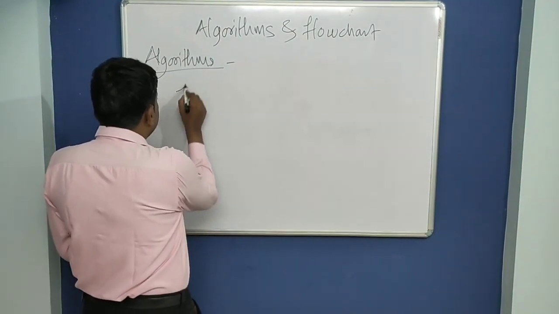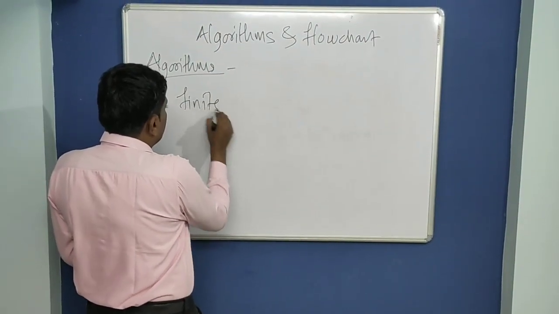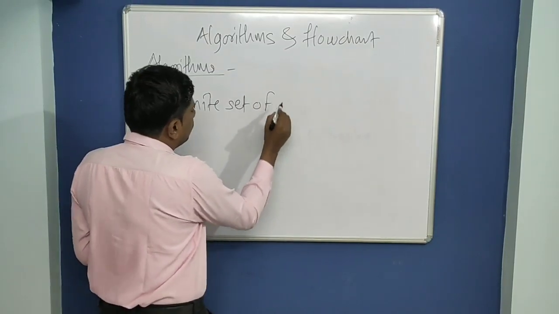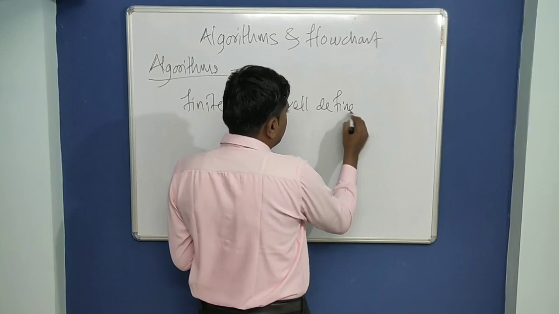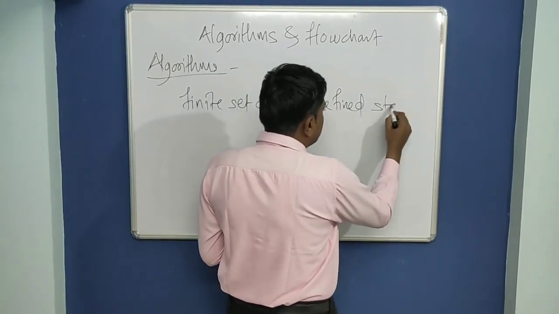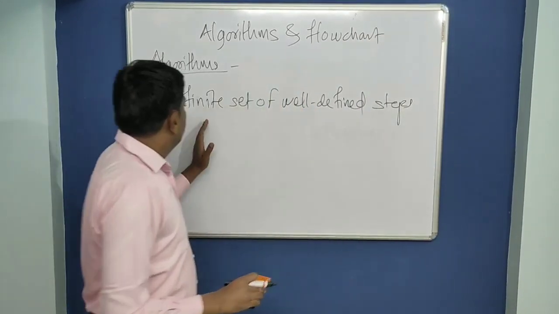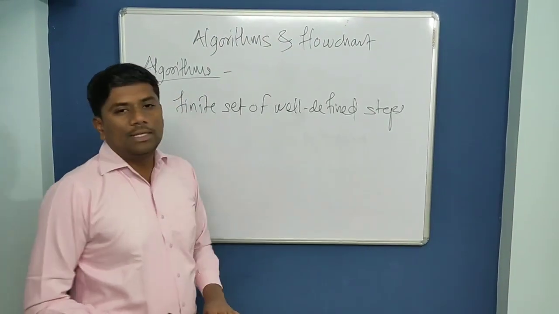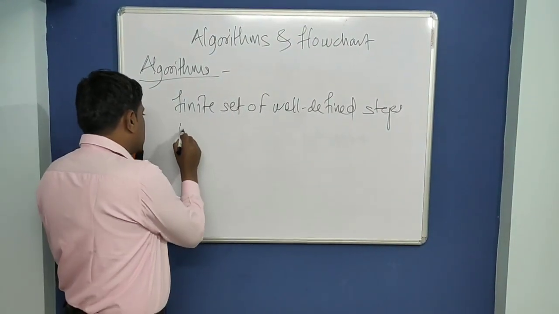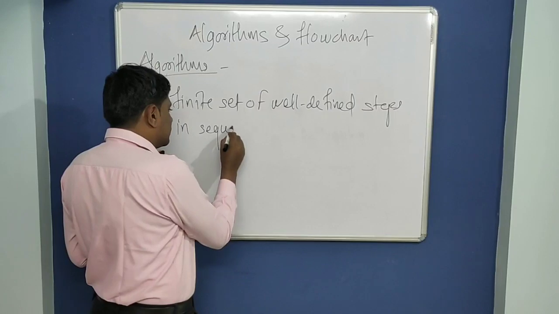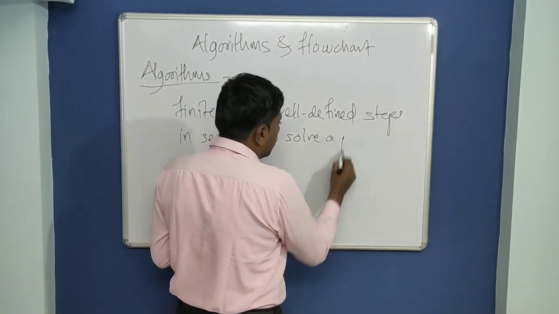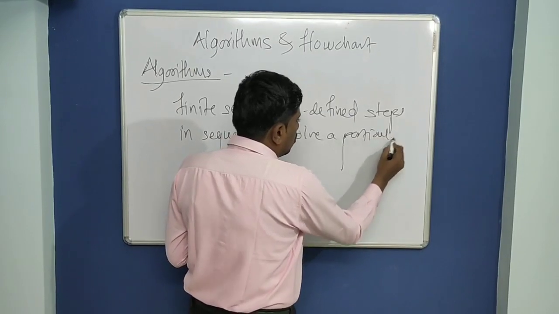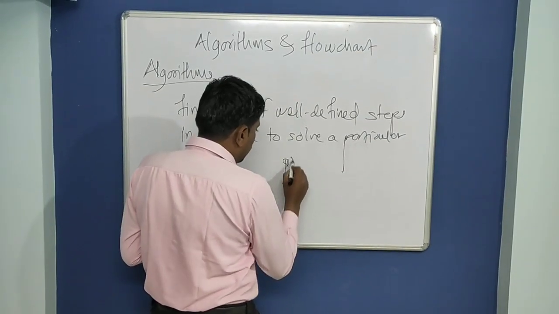So the definition of algorithm: an algorithm is a finite set of well-defined steps, in sequence, to solve a particular problem.